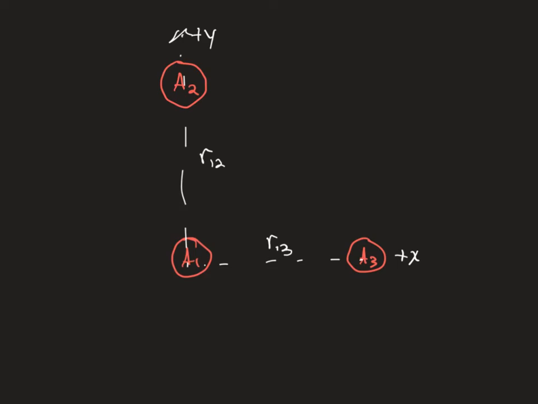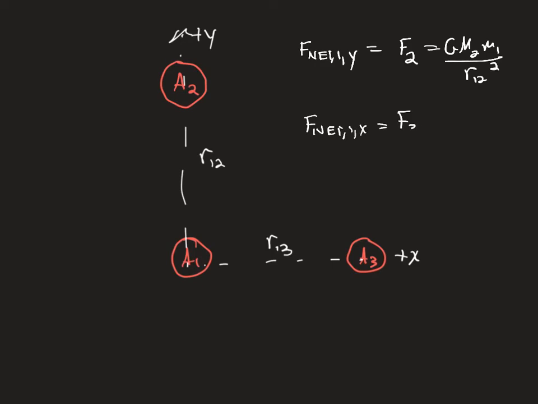So we would have to sum our forces in the y direction. So force net on asteroid 1 in the y direction would be the force due to asteroid 2. And the force net on 1 in the x direction would be due to the third asteroid.